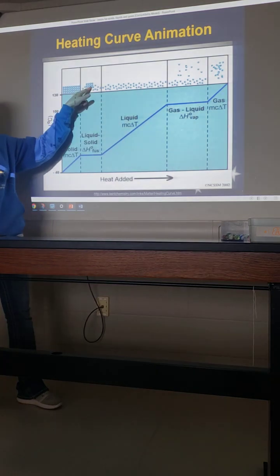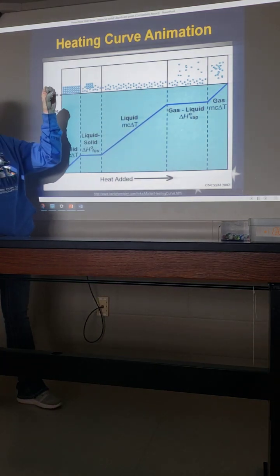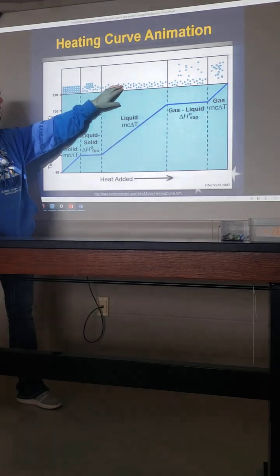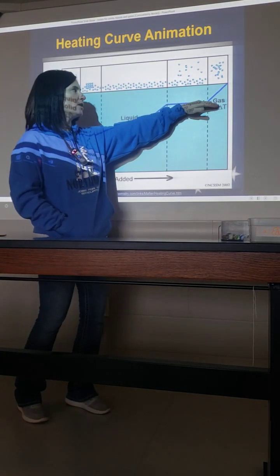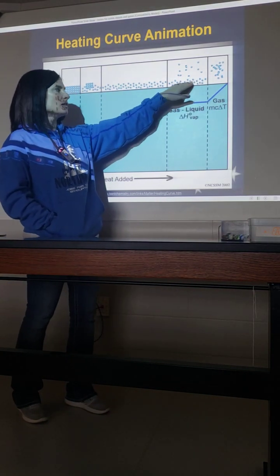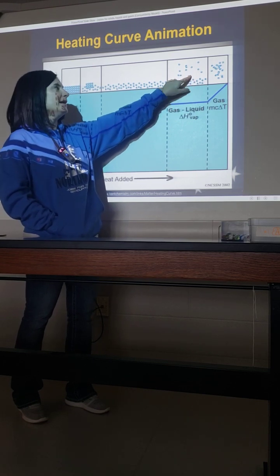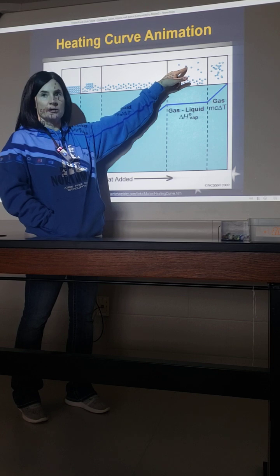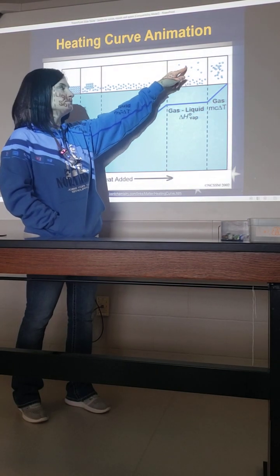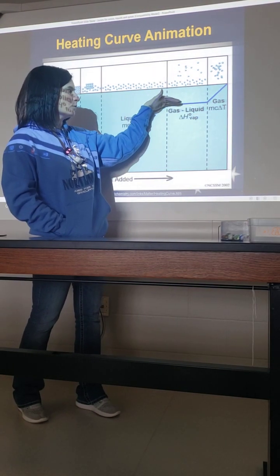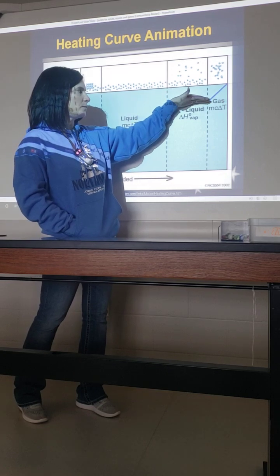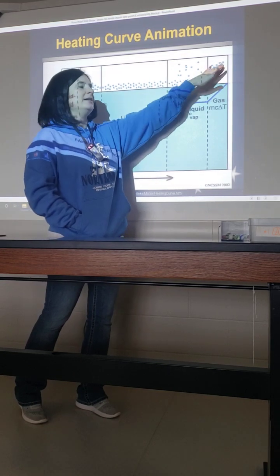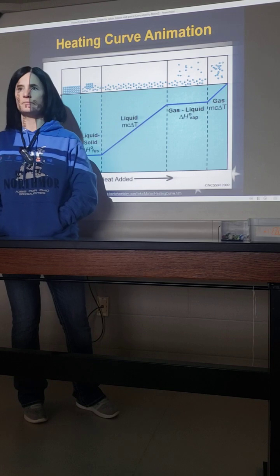I don't see any chunks representing those molecules packed tight like a solid. And then as I move to this plateau, I see a lot of the liquid where there's some space, but now I see a few molecules that are kind of escaping up into the gas version or turning into that steam or water vapor. As I keep adding more and more thermal energy throughout this whole period, all of a sudden, now everything has turned into a gas.